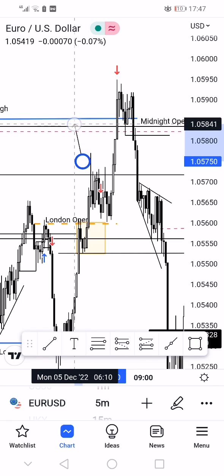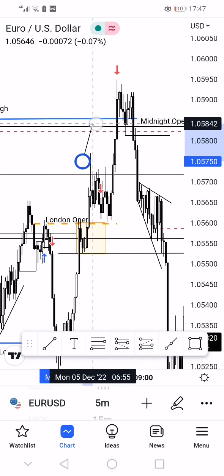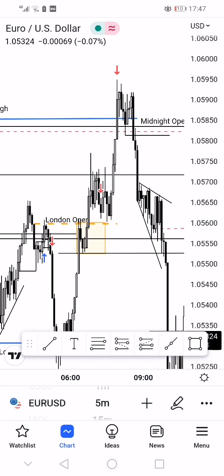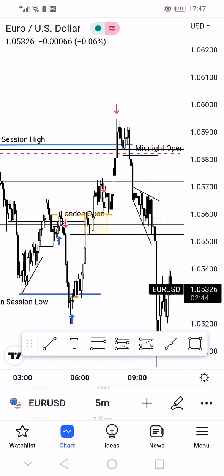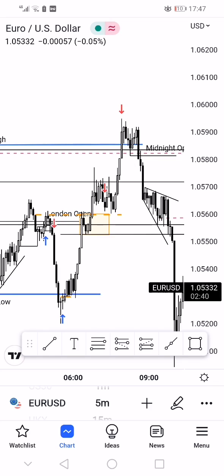So this is the take profit, like I said, the Asian session high, which is marked by this solid blue line, and you see we took the last partial out of the marketplace right over here. So that summarizes the trade that we took today in the London session.